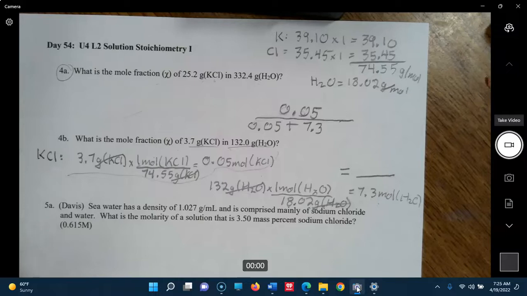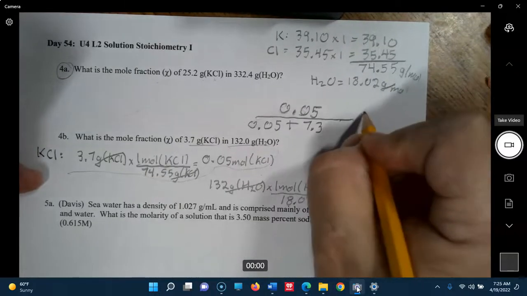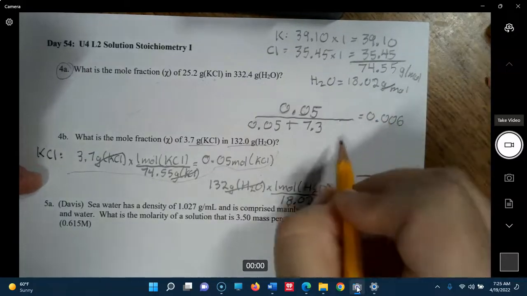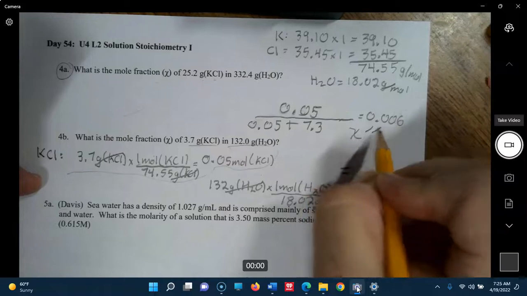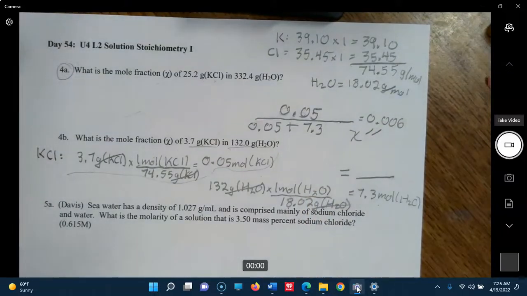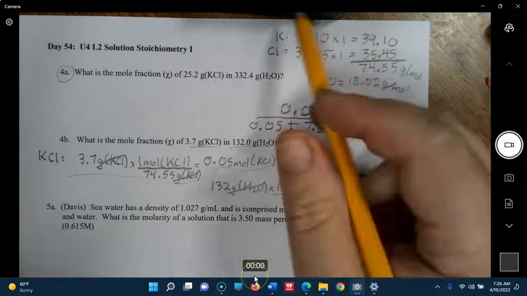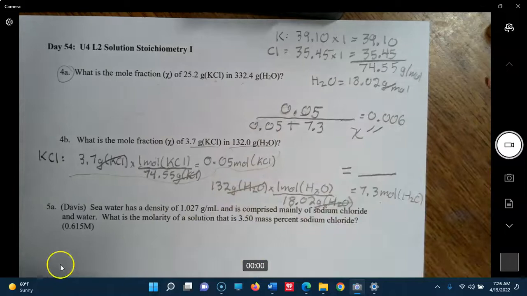Add the 0.05 to 7.3. And that gives you 7.35. Okay, so it's going to be 0.05 divided by 7.35. And that's going to give us 0.006. And that's the mole fraction. So chi equals that. All right, there's no units of measure for that. Okay? So you're going to do 4A because I mistakenly did 4B. It doesn't matter, they're both the same.